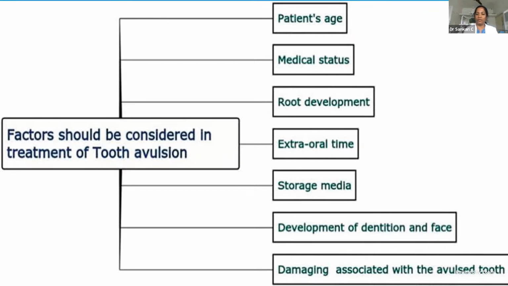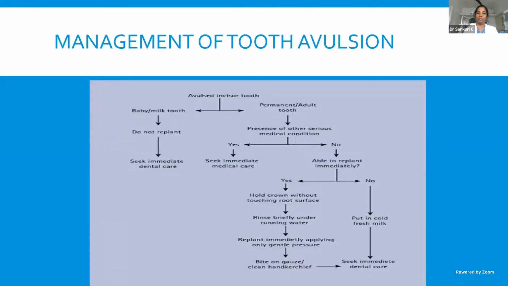Storage media, if they have their tooth with them, you have to see the storage media, extra oral time, and development of dentition and face. These are the factors to be considered in the treatment of tooth avulsion.